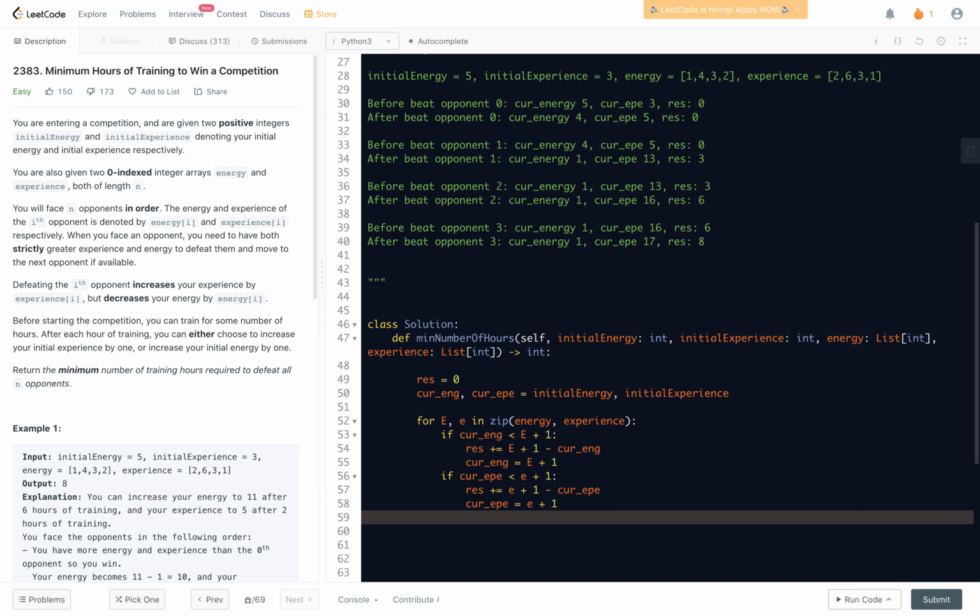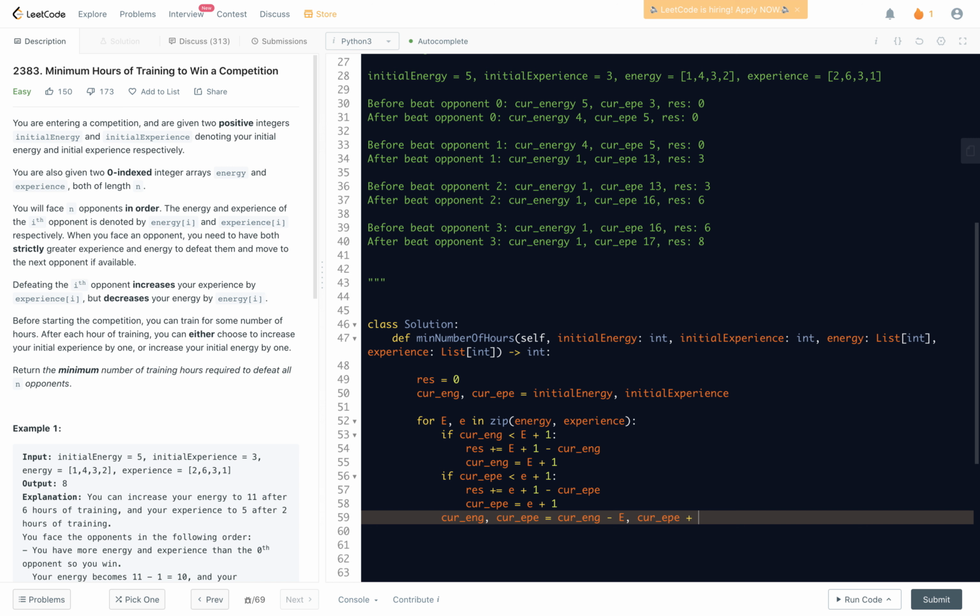So now we arrive at this current energy and current experience, and we can beat this opponent. After beating this opponent, we're going to reset the current energy and the current experience.